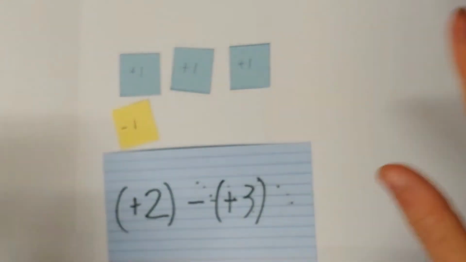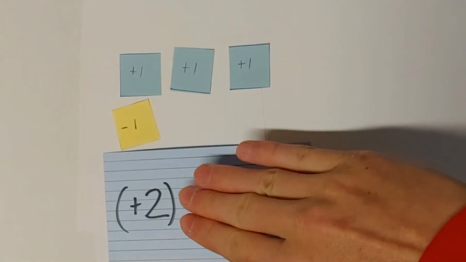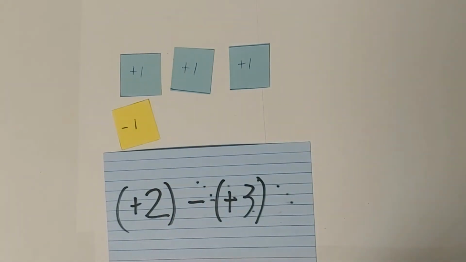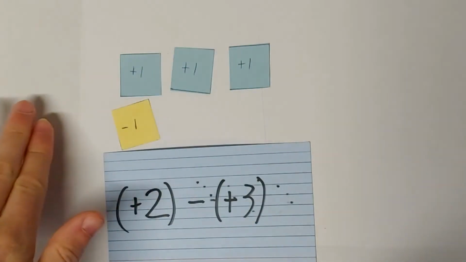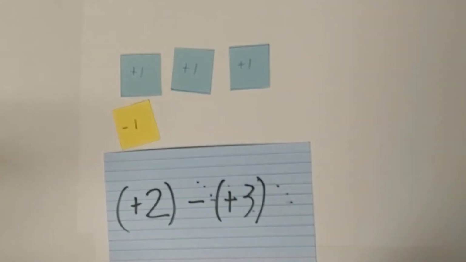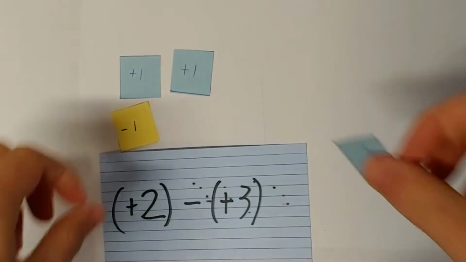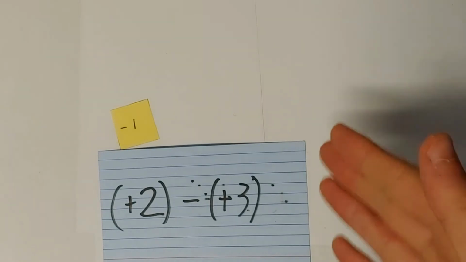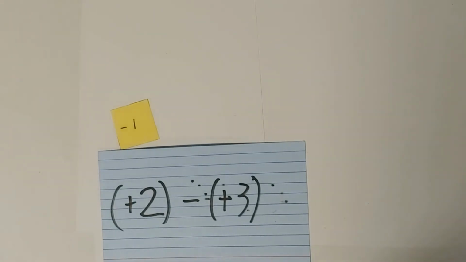So what we have represented is still just our positive 2 at the beginning of our equation. Now we can look at our full expression and start to remove what it's telling us. We have positive 2 represented with these 3 positives and the 1 negative, and now we're going to take away our 3 positive tiles. So 1, 2, 3, and what we're left with is negative 1. So that's one way of representing how 2 take away positive 3 equals negative 1.